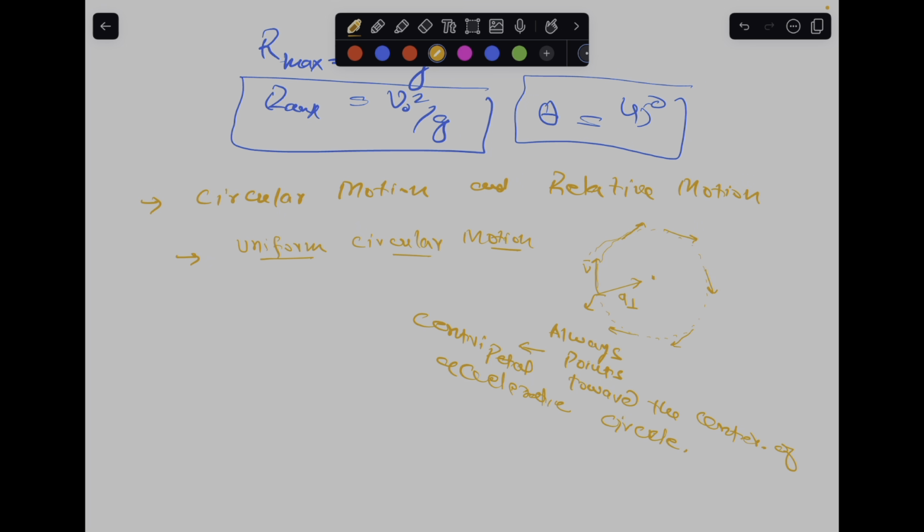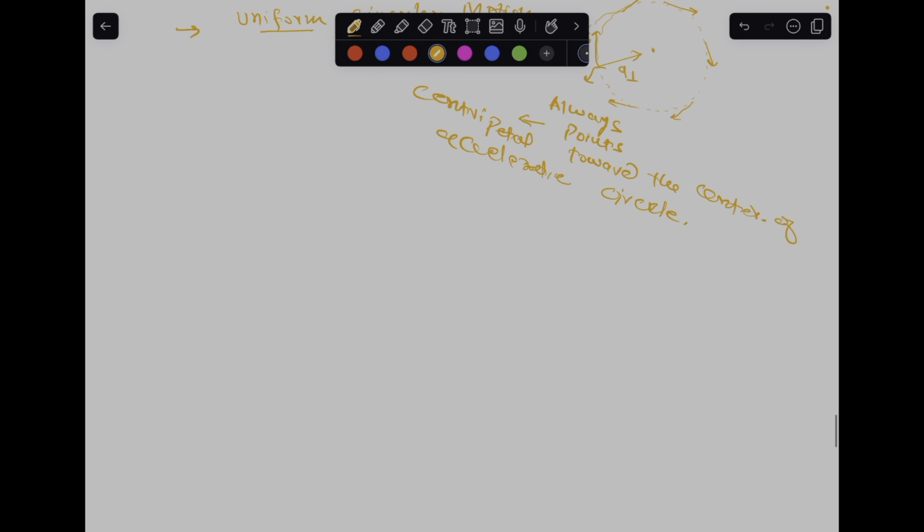Okay, so along the curved path, when the object at point P1 changes to point P2, we want to calculate the magnitude of this centripetal acceleration. So it changes its position along the path.